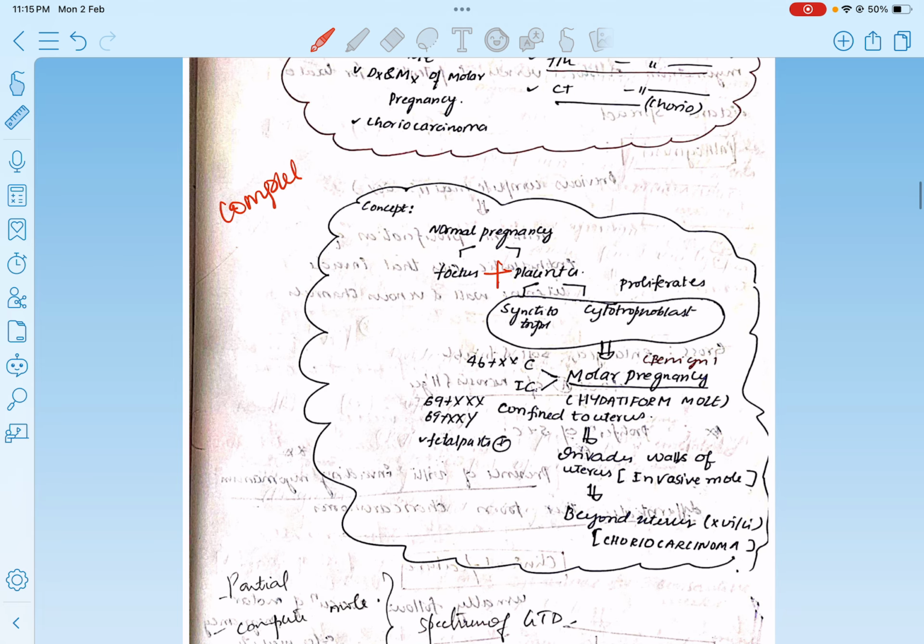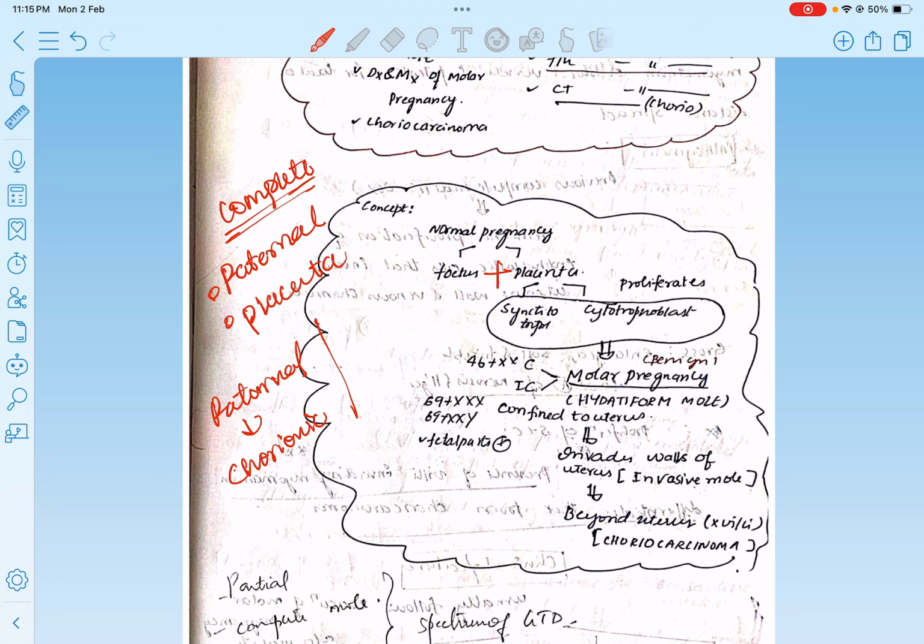See, complete means completely it is paternal. So you have mostly placenta. So the concept is paternal chromosomes help in chorionicity, but maternal chromosomes help in fetal development. So you know now why. So this is the spectrum.